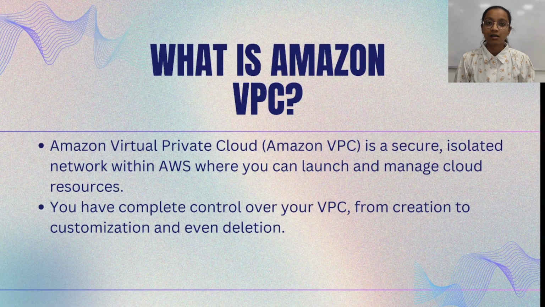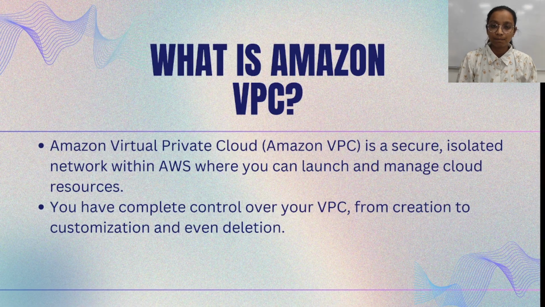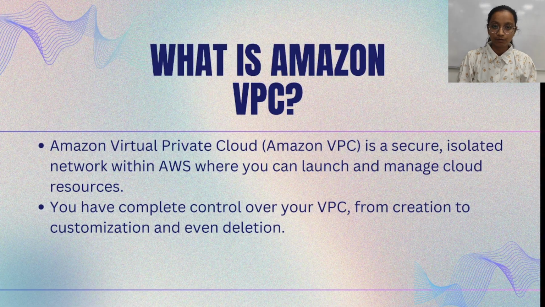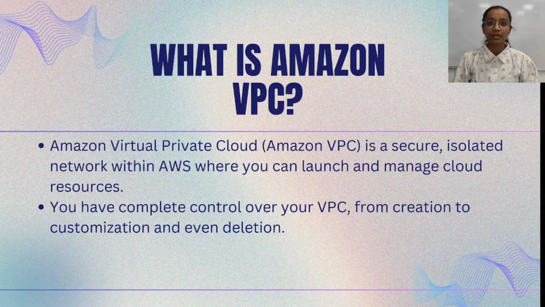So Amazon VPC allows you to create your own virtual private cloud where you can run your application smoothly and securely. You have complete control over your VPC from creation to customization and even deletion. When you go to the Amazon Management Console, we have one default VPC, and as per our requirement, we can create one or more VPCs.